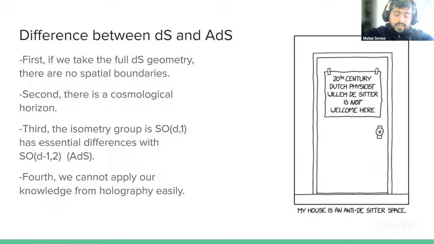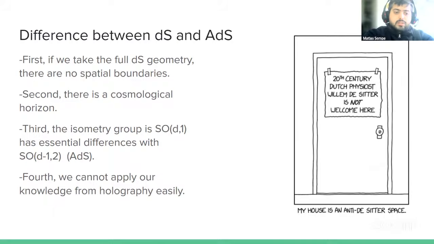Second, there is a cosmological horizon. This doesn't happen in AdS because the L that we wrote before is imaginary. So the cosmological horizon is not in the real part of g_tt. So g_tt cannot be 0 in that case because the variables are real.